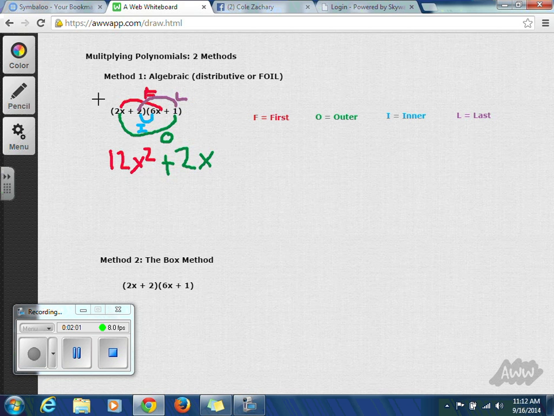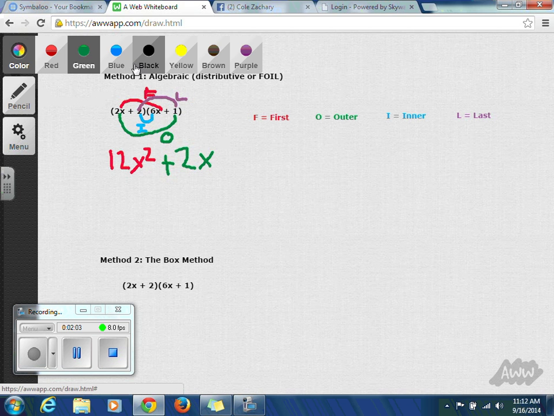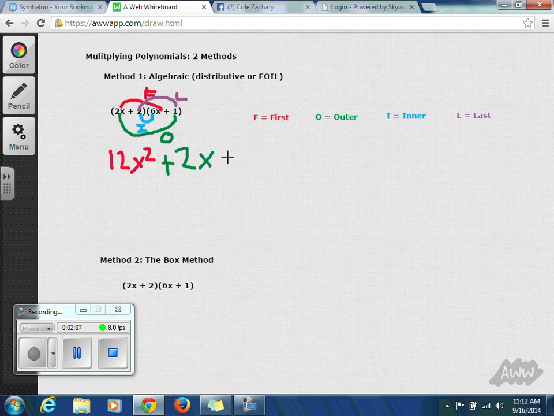When I multiply the inner, 2 times 6x, that gives me 12x. And when I multiply the last, 2 times 1 gives me 2.